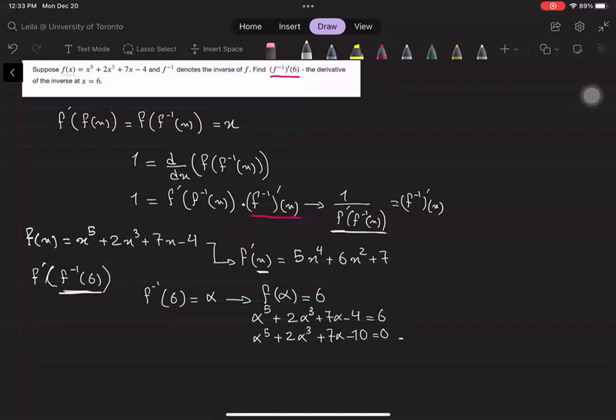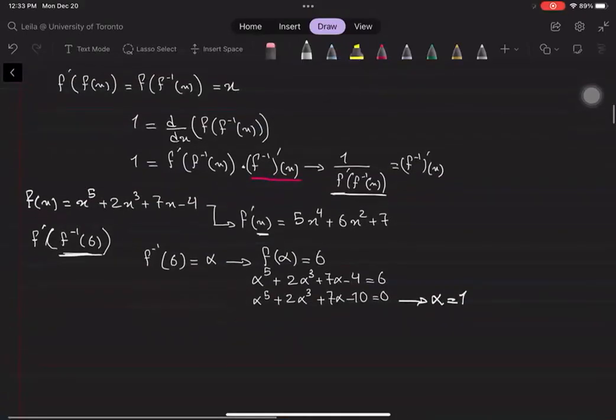Now, if you solve this, you're going to get alpha equals 1. So now we can use that. So you want f prime. Here we said alpha is 1, right?